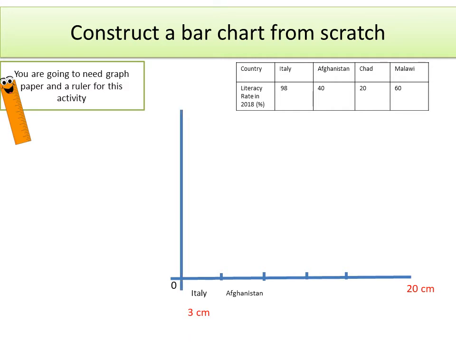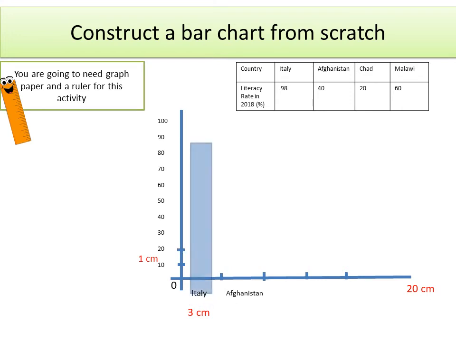Then we are going to draw the y-axis. And we are going to put the numbers from 10 to 100 because if we look at the table with the values, we have numbers up to 100. When you draw this, make sure you leave 1 centimeter spaces between the numbers, just like this.